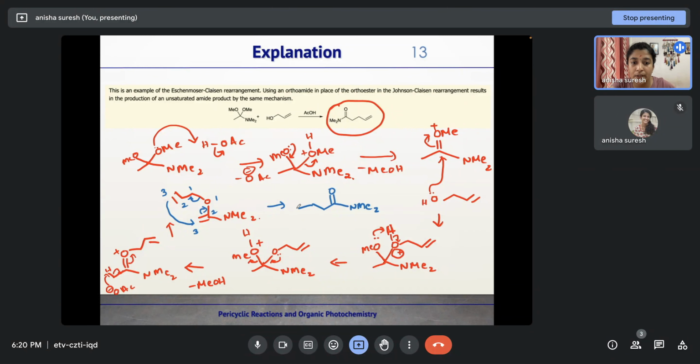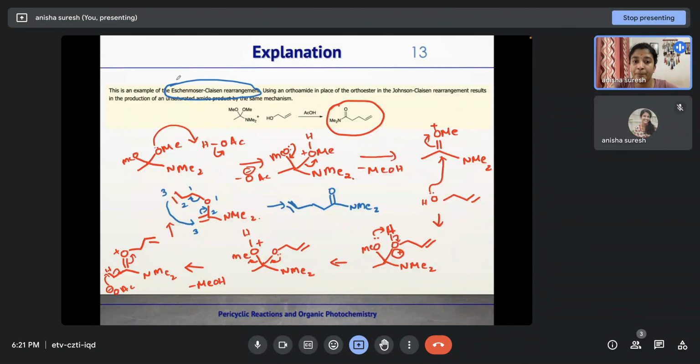One, two, three, four. And here a double bond will be there. Okay, this is the final product that we will be getting. The mechanism is clear. So this is known as Eschenmoser-Claisen rearrangement.